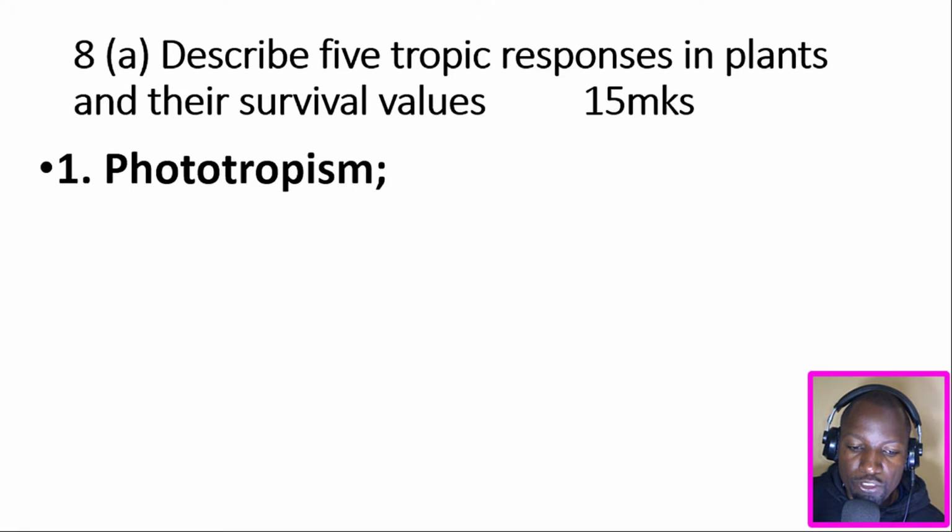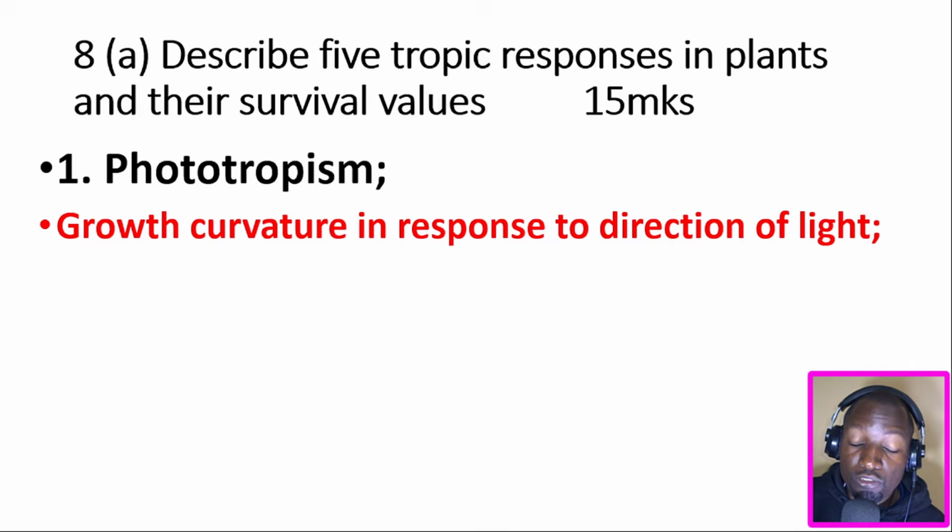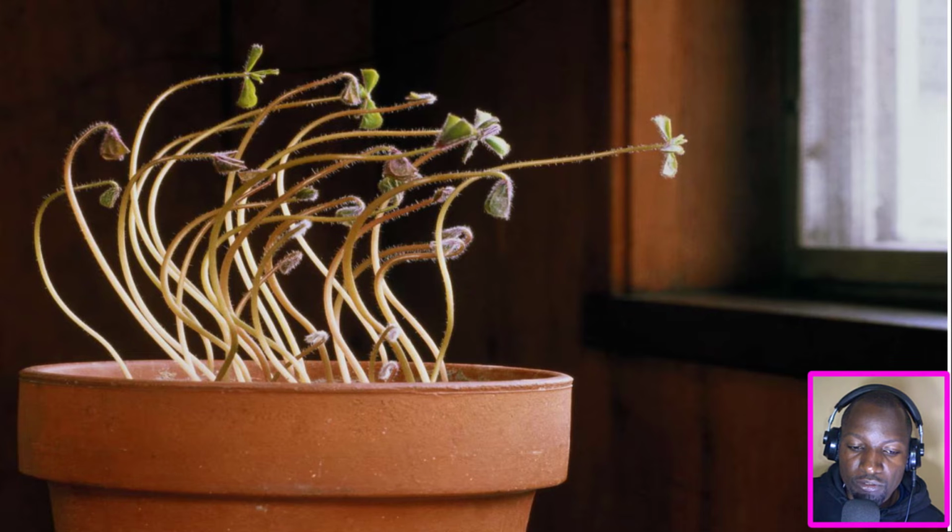phototropism. The definition for phototropism is growth or curvature in response to direction of light. And you can see from that photo how the curvature has grown towards light.